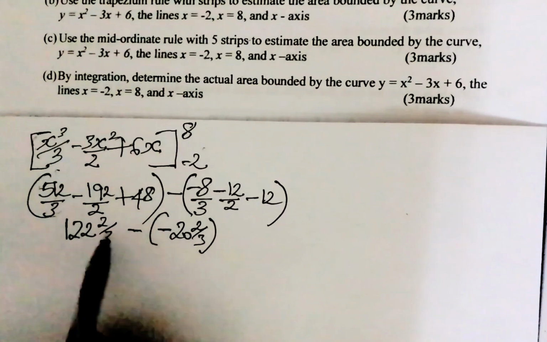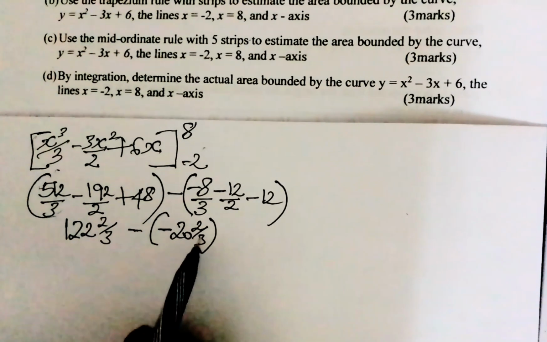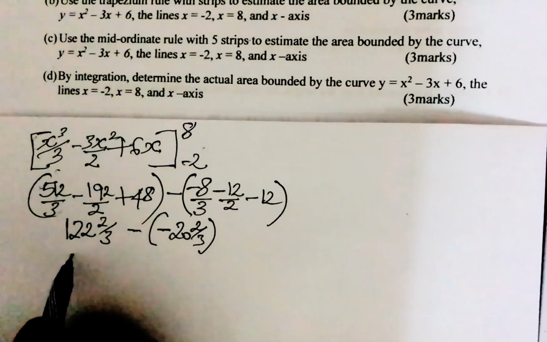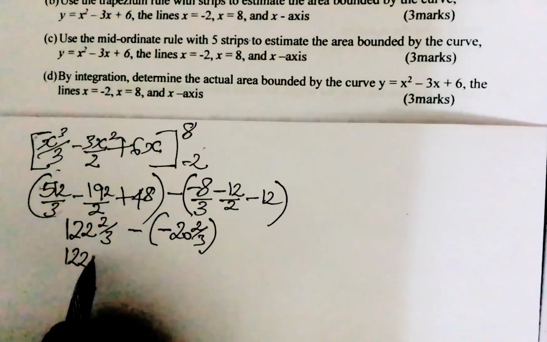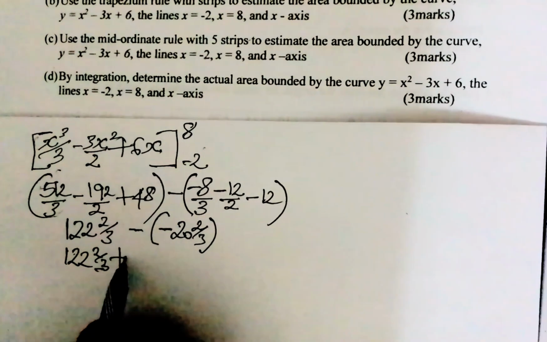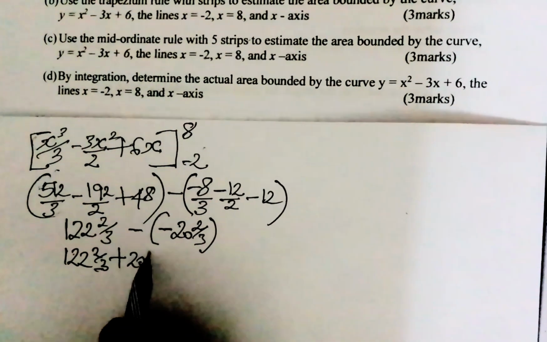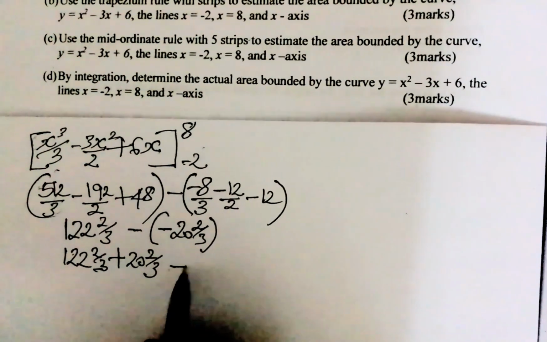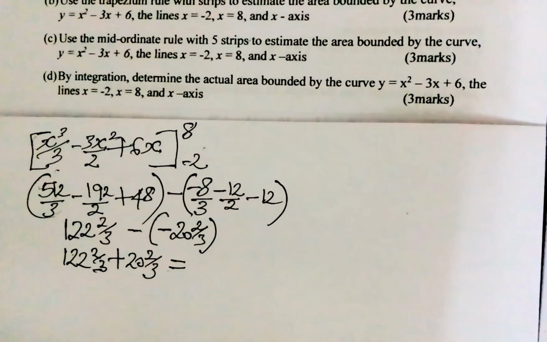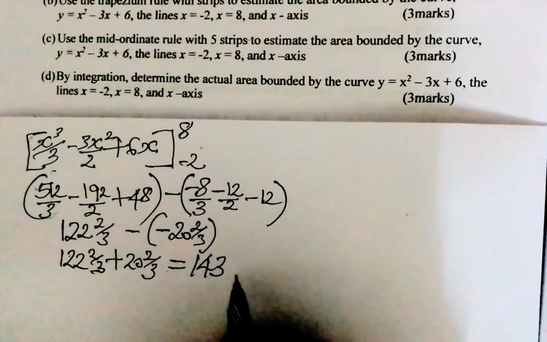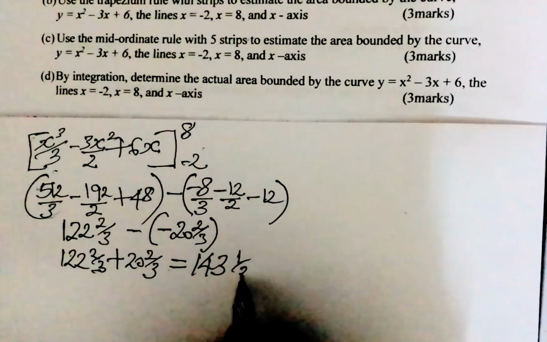When you open the brackets, you get an addition sign: 122 and 2/3 plus 20 and 2/3, which gives you a value of 143 and 1/3.